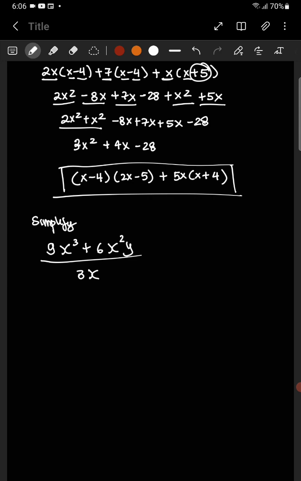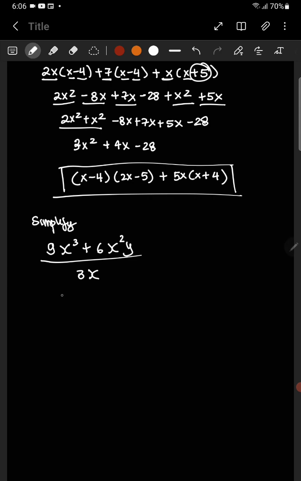But somehow you make this one become a different format, so it will give you an idea how to deal with it. If you have this kind of format, actually this one is dealing with the addition of fractions, and both fractions have the same denominator.